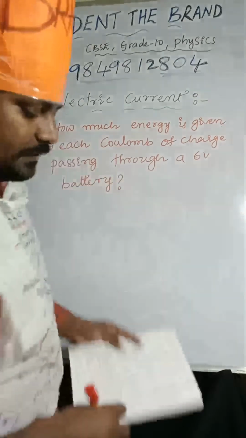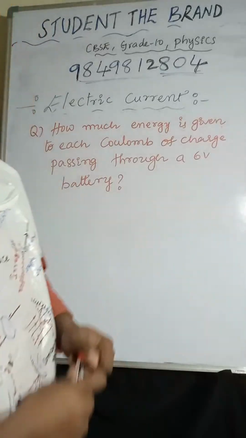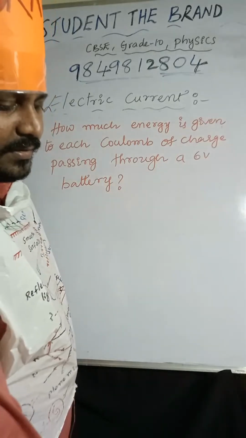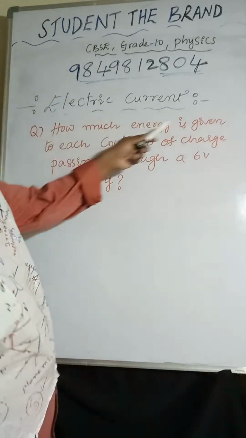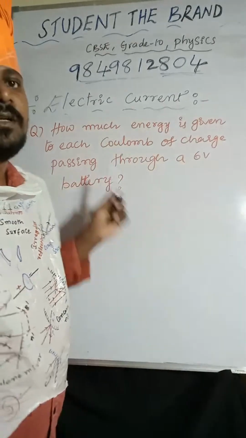So this is the question here. How much energy is given to each coulomb of charge passing through a 6 volts battery?